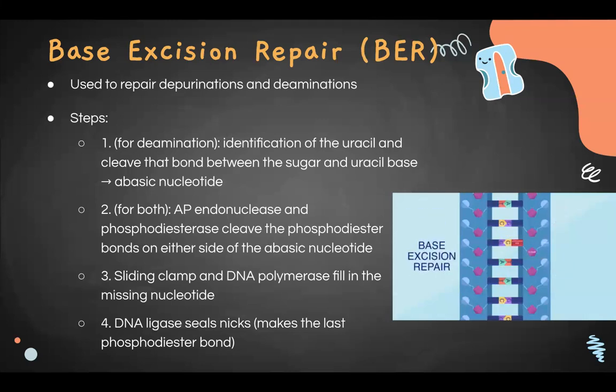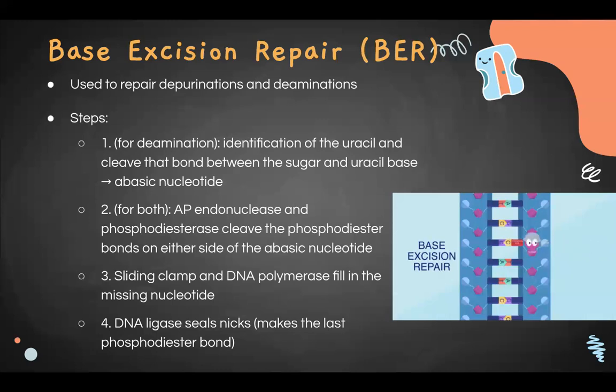So once that is done for deamination, the process is the same, because the first step for deamination is to bring it to an abasic nucleotide, which is what the consequence of the depurination was in the first place. So now in both cases, you have an abasic nucleotide, and AP endonuclease and phosphodiesterase will cleave the phosphodiester bonds on either side of the abasic nucleotide. So it'll be cut out of the backbone.